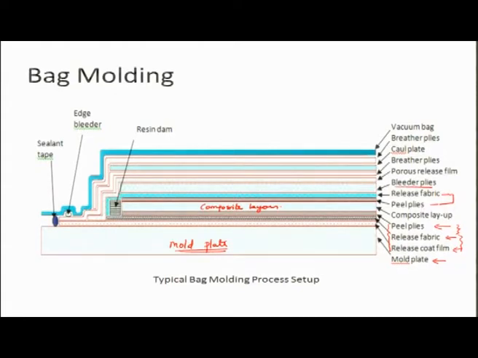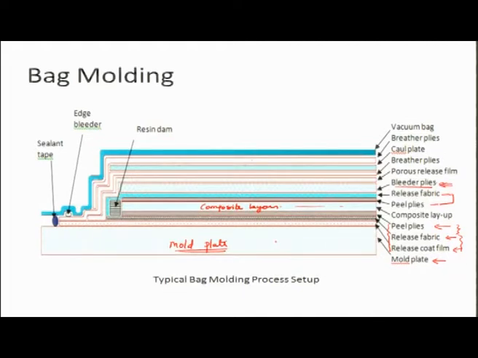Ultimately you apply some pressure between the top plate and the bottom plate, and the matrix material is fluid. Even at higher temperatures there is flow of matrix material, even from the pre-pregs. All that flow happens, and the extra flow has to be absorbed somewhere, so that is why we put some bleeder plies.